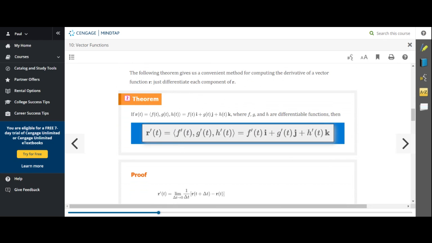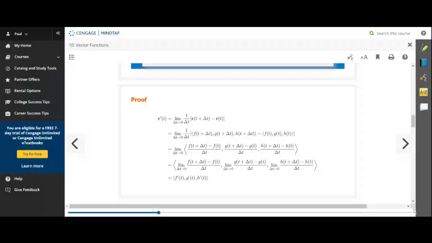Those are the parametric equations for your space curve. And if you differentiate each of those parametric equations with respect to t, you will get the derivative of your vector function, r of t. Space curve, vector function, same thing.